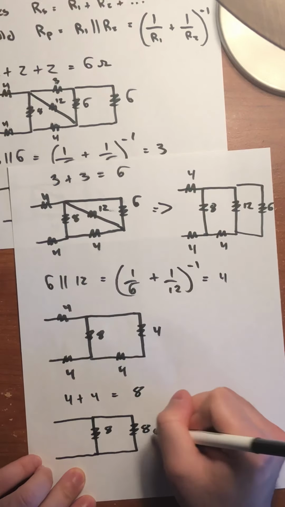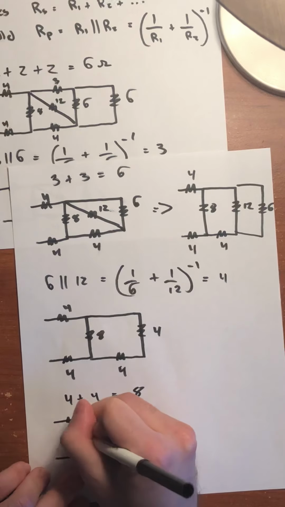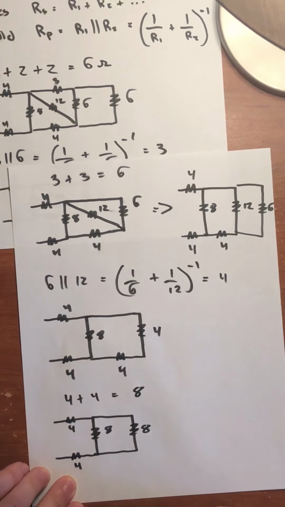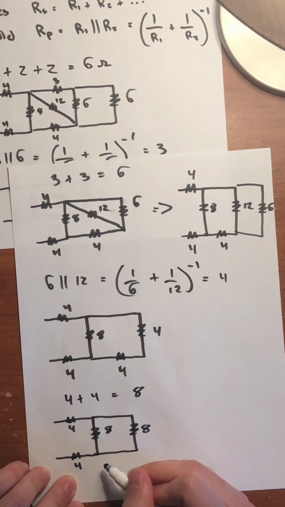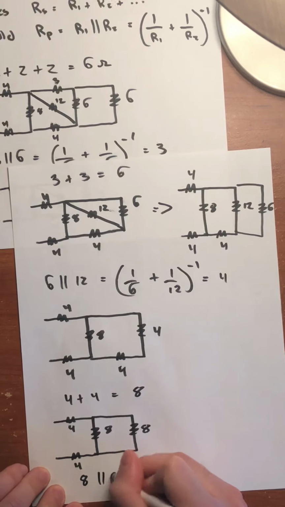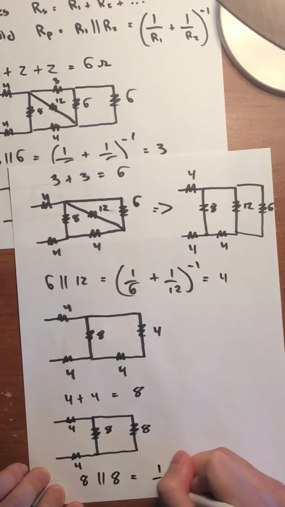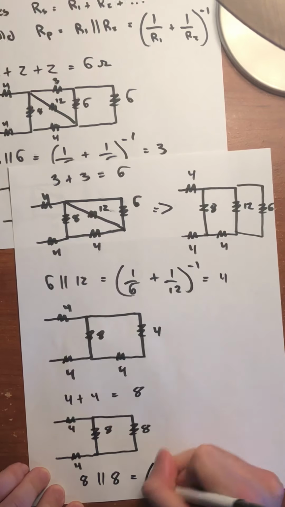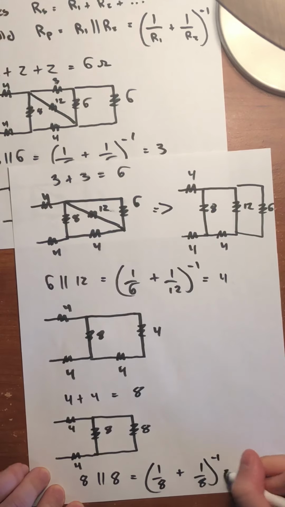This is the 8 ohm resistor here, and we have 4 ohms and 4 ohms here. So 8 is in parallel with 8, which is 1 over 8 plus 1 over 8, inverted, equal to 4 ohms.